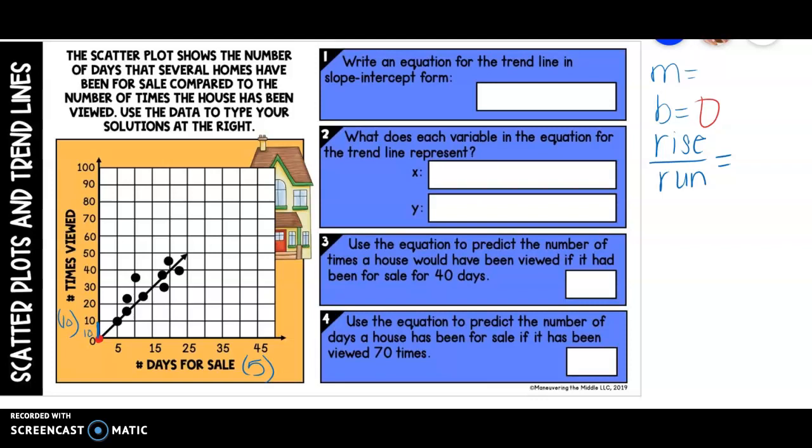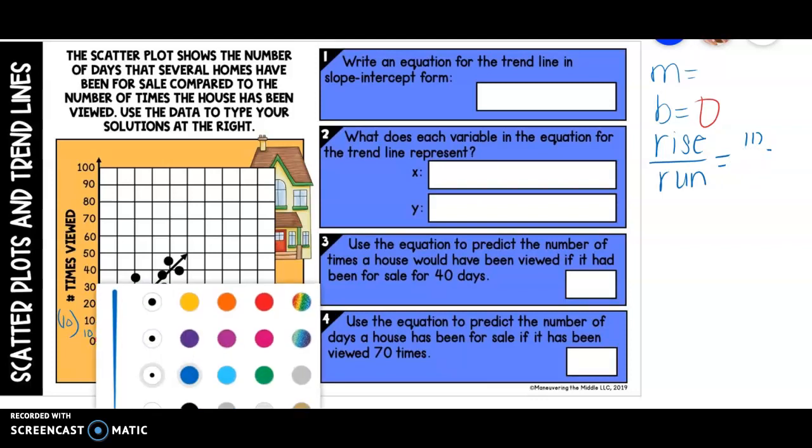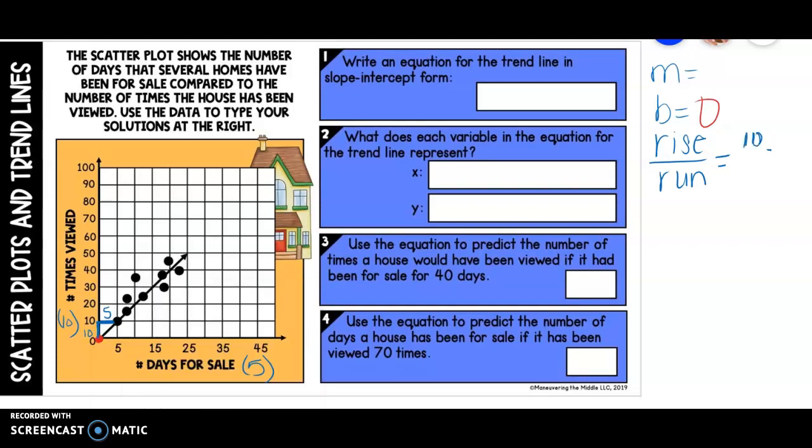So my rise is 10. Then my run, I go over 1, but it's really 5 because I'm going by a scale of 5. So 10 over 5 simplifies to 2. So my slope is 2. So my equation is going to be y equals 2x.